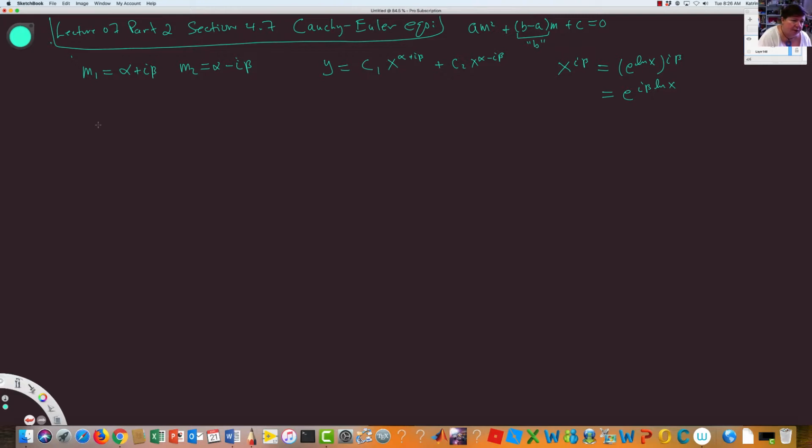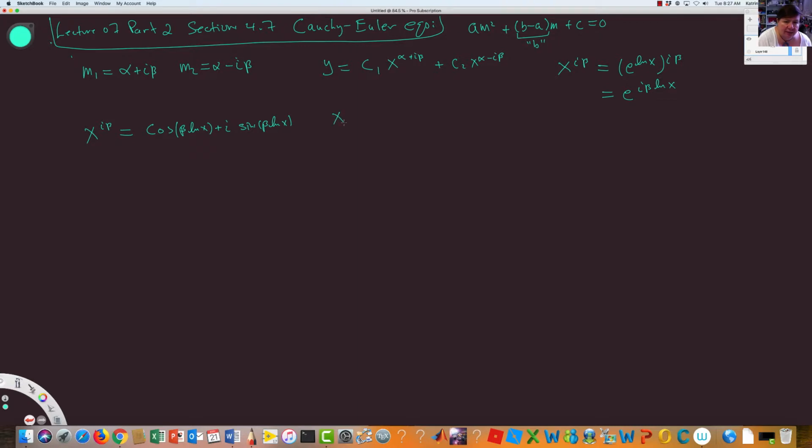Because what we can do now is write things in terms of sines and cosines. If I come down here again, I have x to the i beta, and I can write that as e to the i beta ln of x, which is cosine of beta ln of x plus i sine of beta ln of x. This is just the Euler formula.